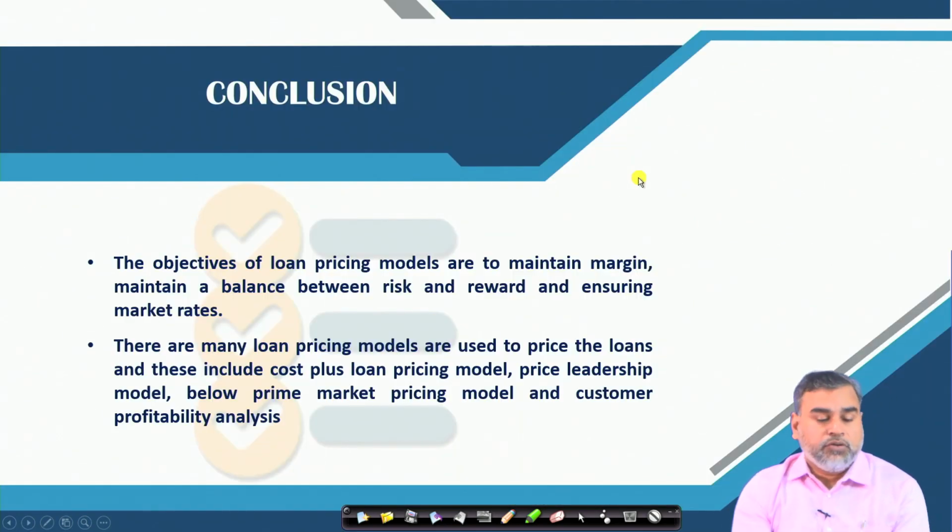Okay, in conclusion, what we have seen is that the basic objective of the loan pricing models is to maintain the margin, maintain a balance between risk and reward, and ensure market rates like MCLR are followed. There are many pricing models that commercial banks use, which include cost plus loan pricing, price leadership models, below prime market pricing model, and customer profitability analysis to price the loans.